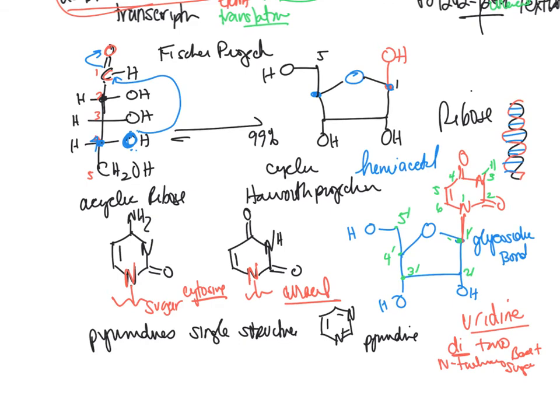And then if you want the nucleotide, then you would put the phosphate on here. And so you would put a phosphate. Phosphorus likes 5 bonds. Okay, let's get this right.